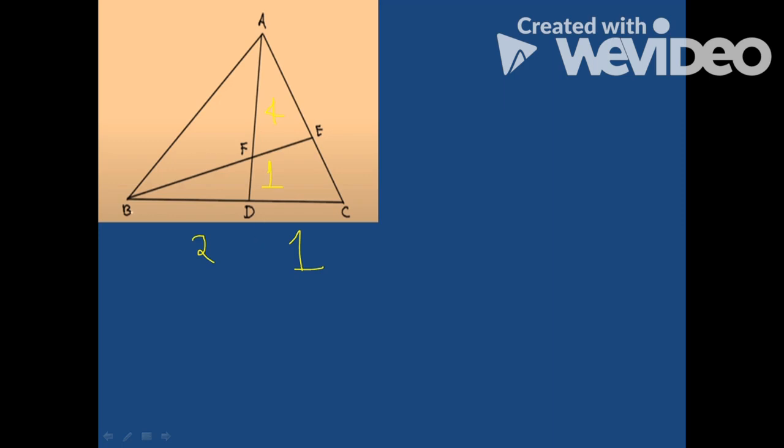Now let's consider BC as a seesaw with D being the pivot. If we consider the load at B to be equal to x, what should be the load at C? The load at B, x, into the length BD, which is 2, should be equal to the length 1 into the load at C, let it be y.